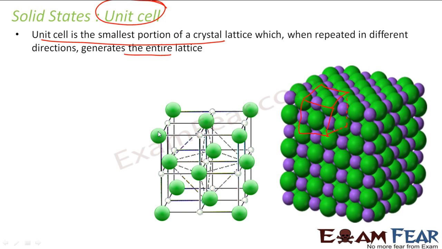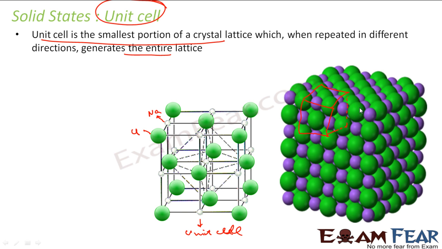So these are my sodium and this is my chlorine. Correct? So chlorine occupies this corner place and these are the spaces, voids. Sodium occupies this. So this is my unit cell. This is the smallest portion because if you keep repeating it, you will get the lattice.